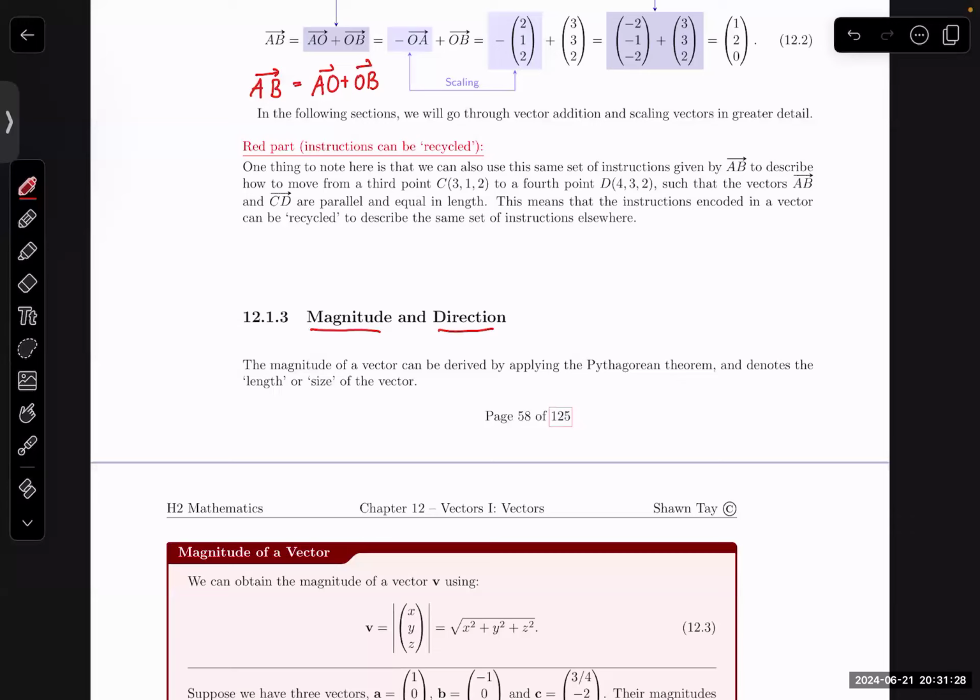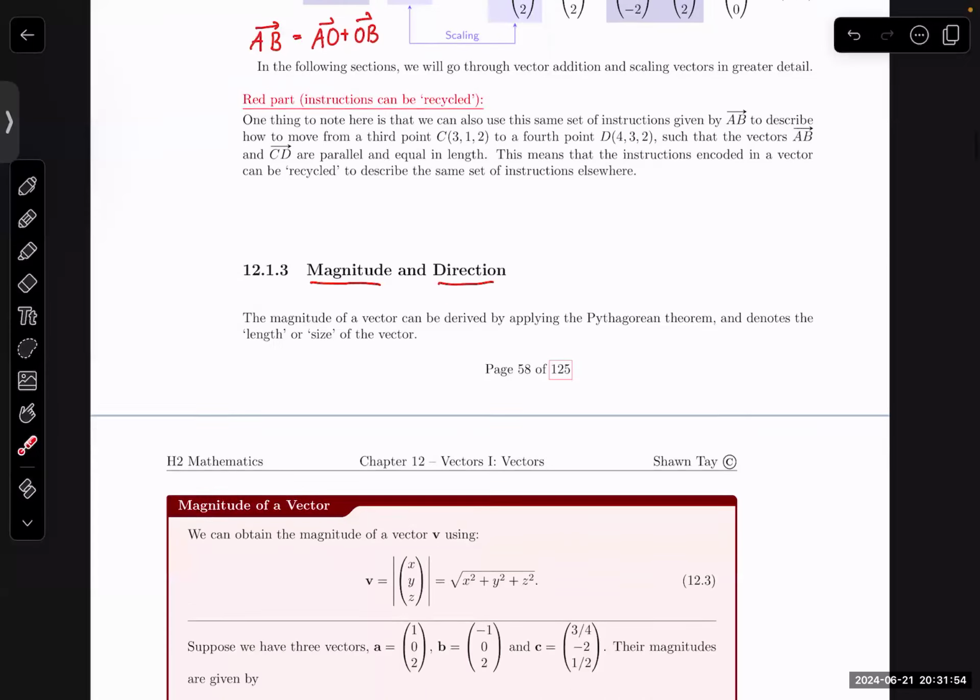I know it seems a bit too simple, and I don't think people really think about this that much, but it's very important that we remember these two things. Vectors only give us two pieces of information. First is the magnitude, which is the length, and second is the direction where it points. So let's talk about magnitude first.